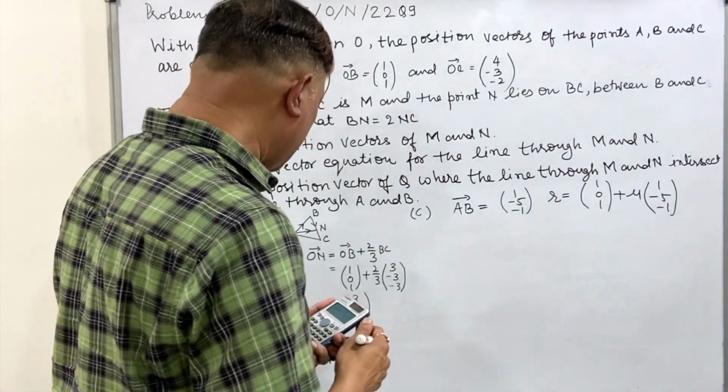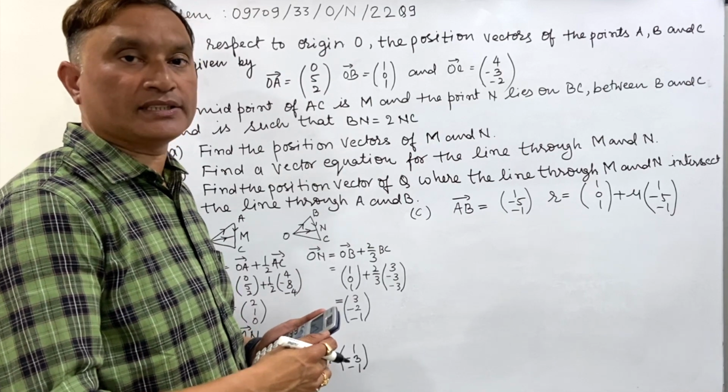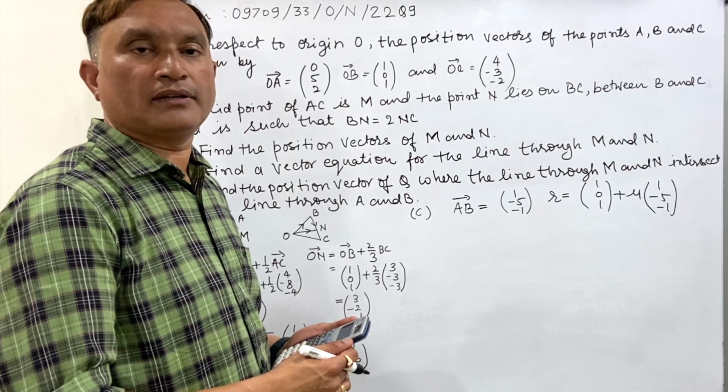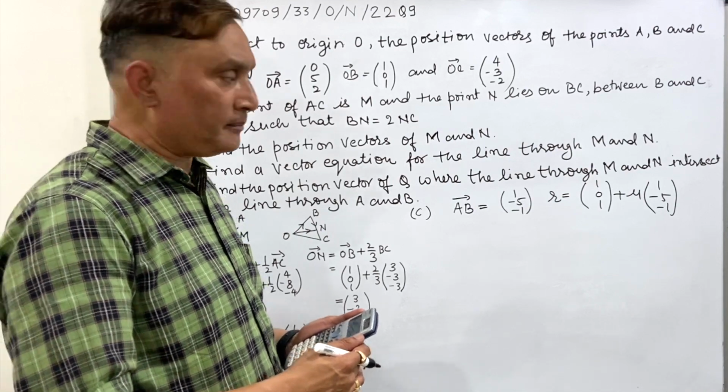Now for finding the point of intersection of MN and AB, we will compare the components of x and y.